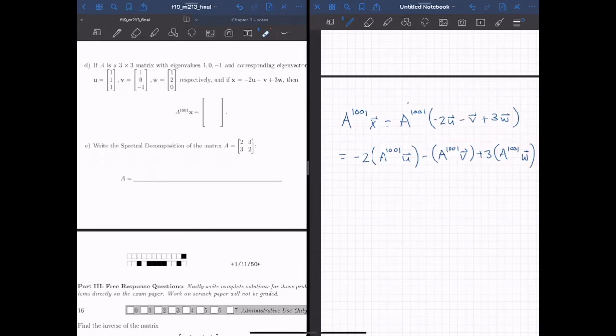So why does this help us? Well, remember, U, V, and W are eigenvectors with eigenvalues 1, 0, -1. So if we think of, for example, A to the 1001 times U, that's the same thing as just taking the matrix A and multiplying it by U 1001 times. But because U is an eigenvector, every time I multiply by A, what do I get?